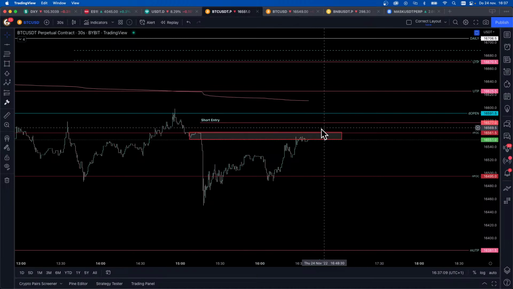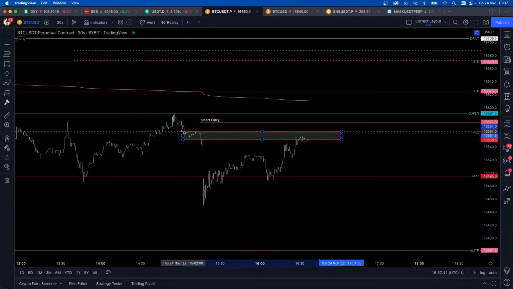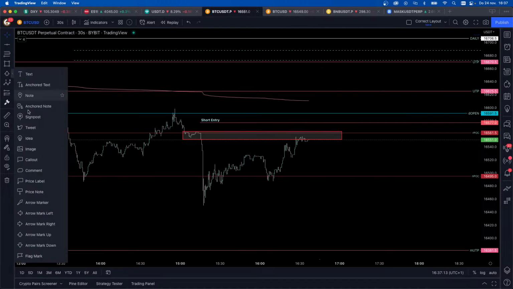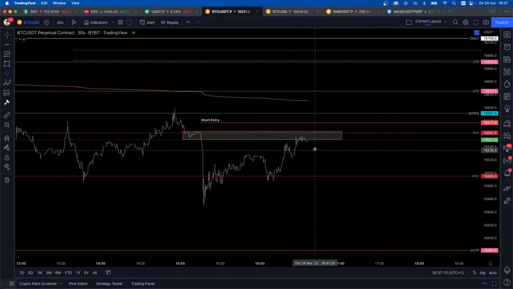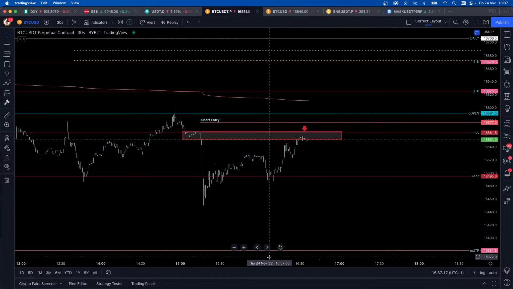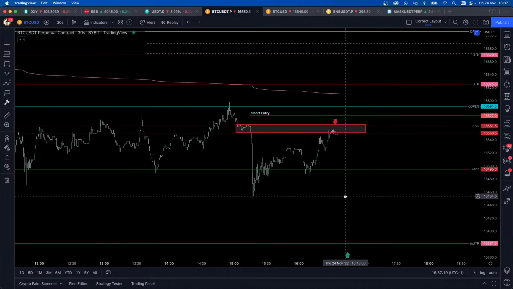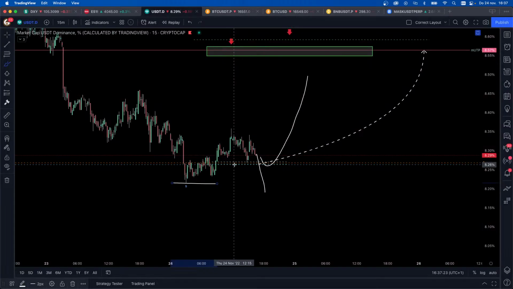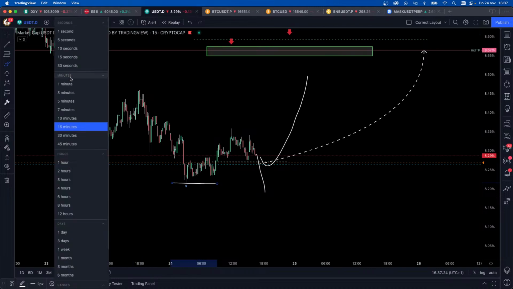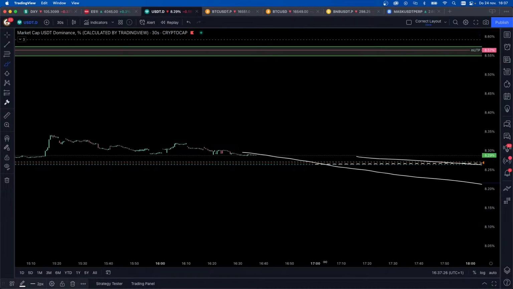We also have point of control. So let's see if it can reject and come back down over here. That would be very nice. And then I look at USDT again, look if the same is happening over there.